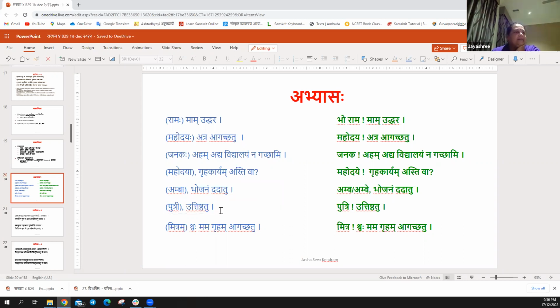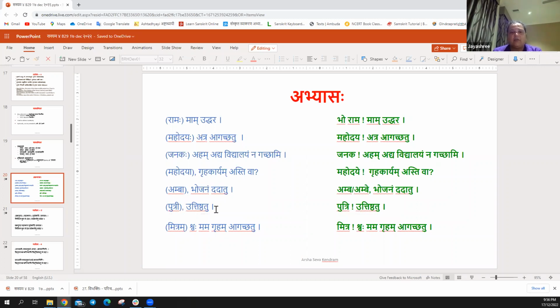Suraksha Mohoday. Putri uttishtatu. So when we say here, we have to say Putri uttishtatu. Pronouncing is very important here, the Dirgha and Rasva. Otherwise, it will become the same.